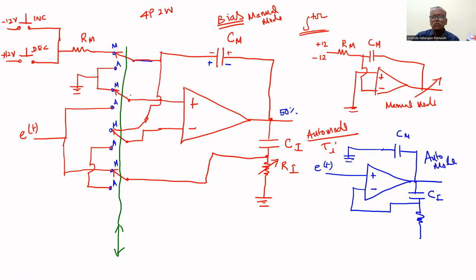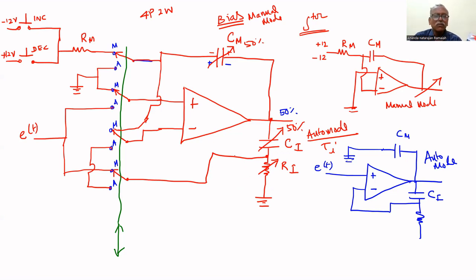If you transfer the switch between these two, the circuit is switching between this and this. But in manual mode, we are charging this Cm to 50%. This Ci is also charged to 50% because the output here is 50%. This capacitor is connected to the ground through this resistor. That's why this is also at 50%.